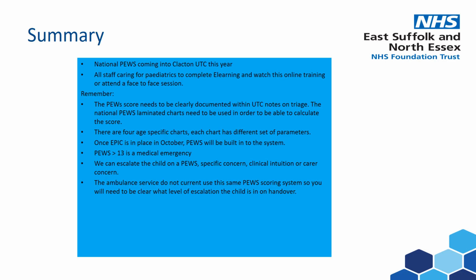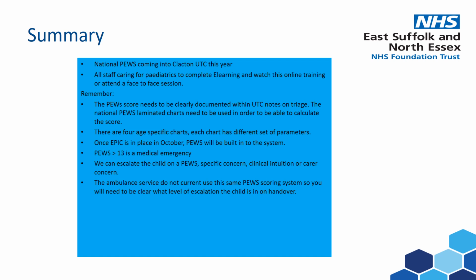So a few things to take away from this session: you will have your PEWS laminated charts available for you to reference in Clacton UTC. From these, you need to calculate what the child's PEWS score is and then put it clearly documented within the UTC notes on triage. There are 4 age-specific charts and each chart has a different set of parameters, so please make sure you choose the right chart for the age of the child.